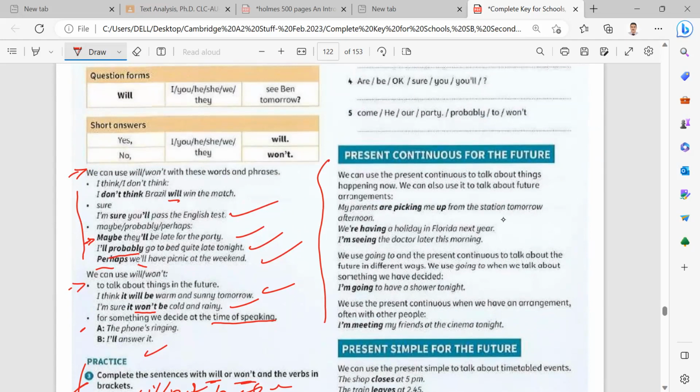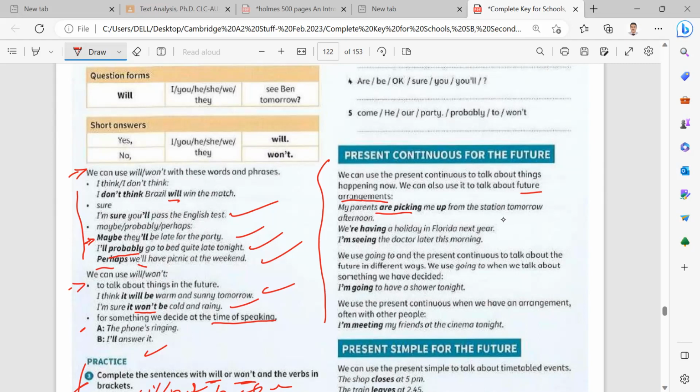امتى بنستخدم ال present continuous for future؟ اتفقنا لما يكون عندي arrangement، شيء أنا بالفعل رتبته. We can use the present continuous to talk about things happening now. We can also use it to talk about future arrangements، ترتيبات مستقبلية. Like what? My parents are picking me up from the station tomorrow afternoon. يبقى are picking me up في ترتيبهم، يعني ال parents هيوصلوني للمحطة غدا tomorrow afternoon.